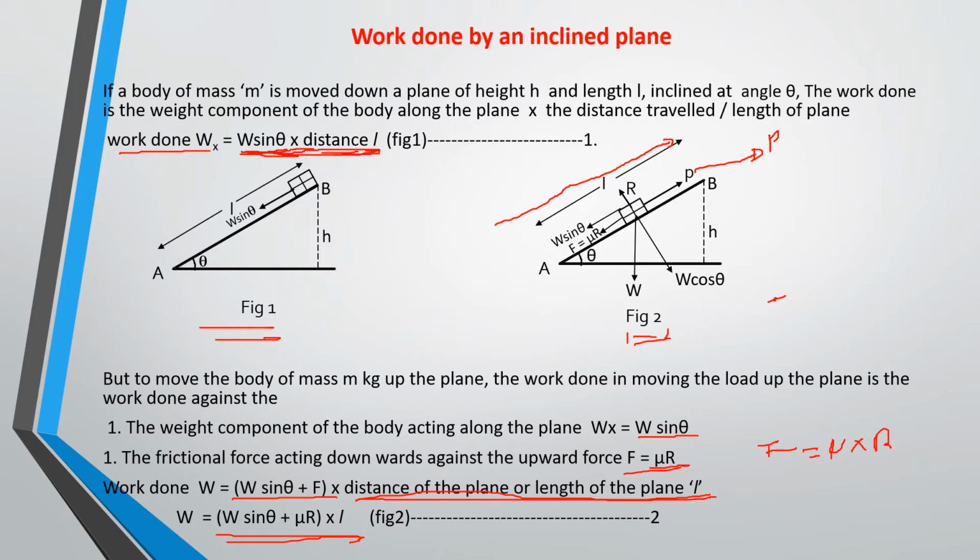Take note of these two equations because we'll be using them to solve different problems. These are the two equations that apply for the work done on an inclined plane. I hope that is clear. We'll apply them to solve some problems so that we can drive home how to use these equations. Is that okay?